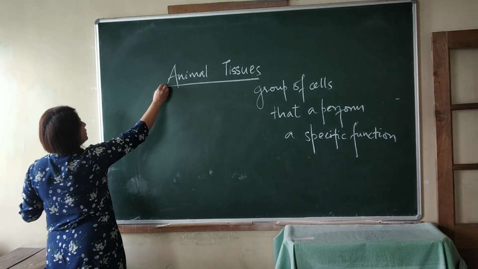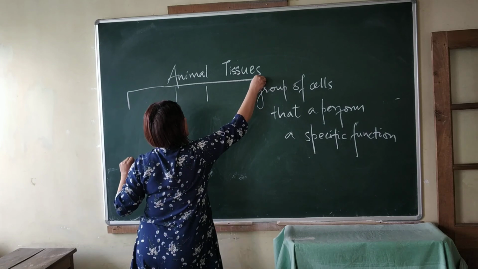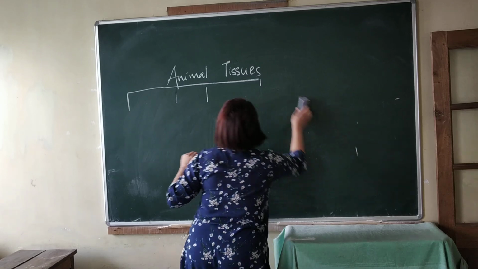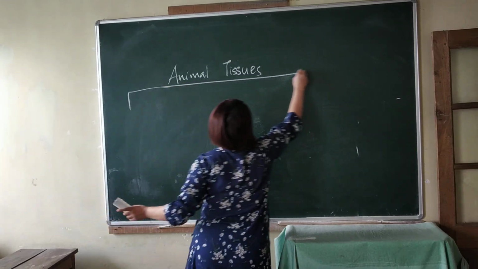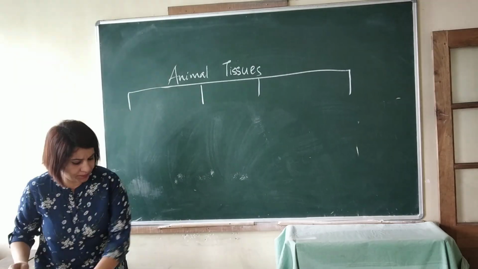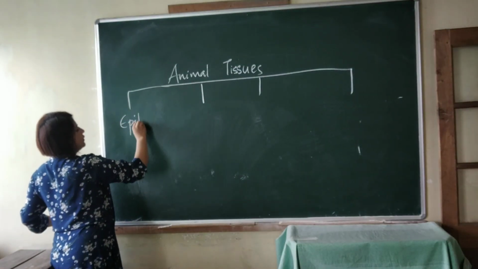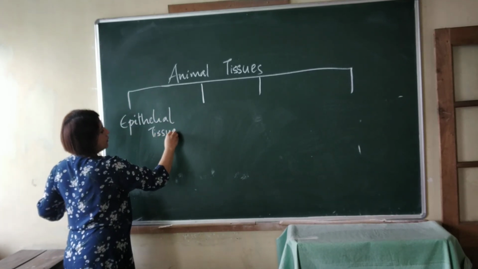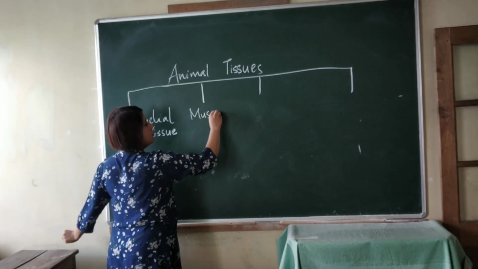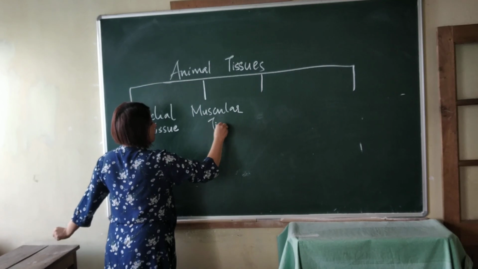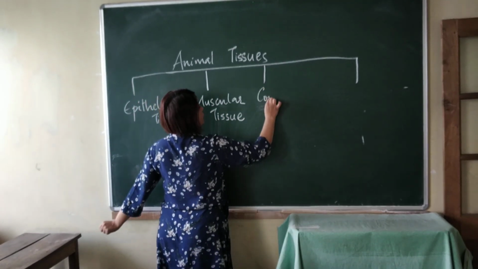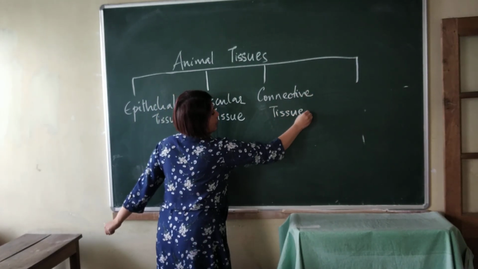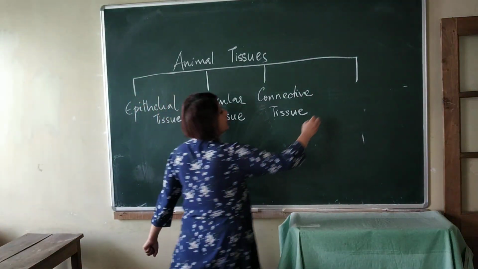So, animal tissues are divided into 4 types: epithelial tissue, the muscular tissue, connective tissue, and the nervous tissue.